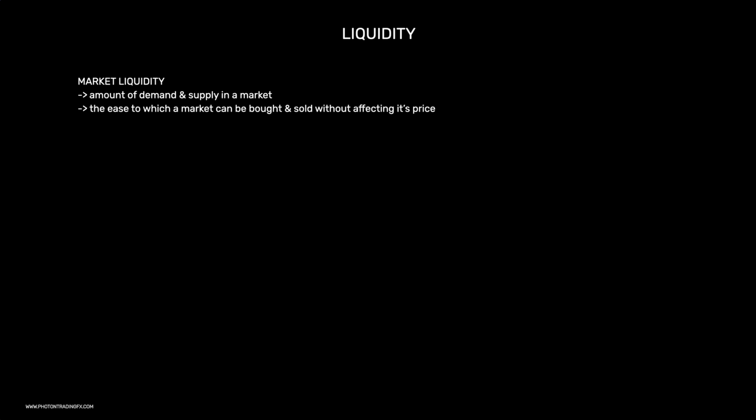So then if you think about the opposite case, which would be an illiquid market, so that's the opposite of liquid, illiquid, this means there is low liquidity. So then buying and selling activity, trading, will have a much higher impact on the movement of price, right? So price volatility is going to be a lot higher when it's an illiquid market because there's not a lot of people trading at each price level.